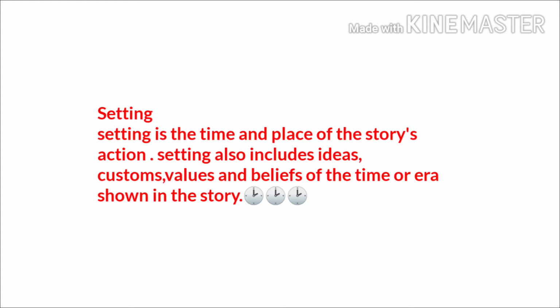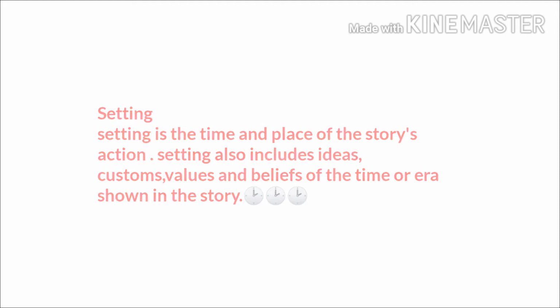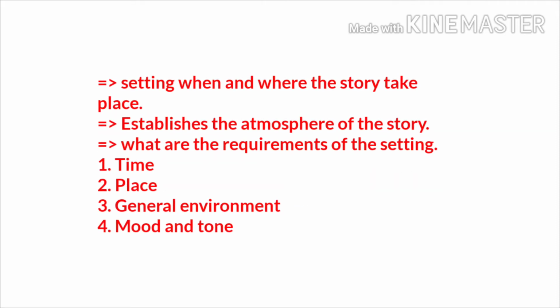Now, setting. Setting is the time and place of the story's action. Setting also includes the ideas, customs, values, and beliefs of the time or era shown in the story.